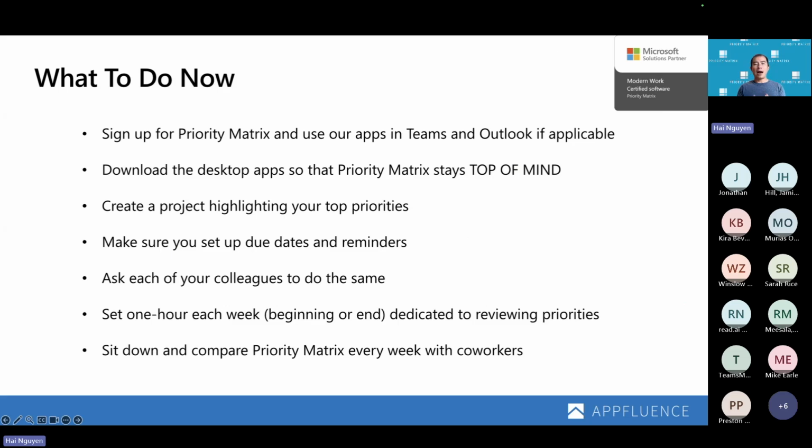And so I think that's what makes the Matrix such a successful communication tool, because it's a way for you to defend yourself. But also, if you're a manager, you're ensuring that you're not overloading your direct reports with all these things that are important and urgent. So I hope you keep that in mind as you use our software.